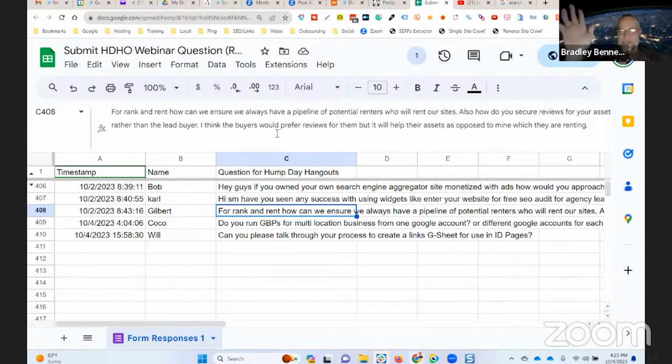It's entirely up to them. But the way I look at it is it's my lead gen asset that generated the lead, and in order for it to continue generating leads, it should stay ranked. And therefore, I'm going to want reviews published to my lead gen asset.